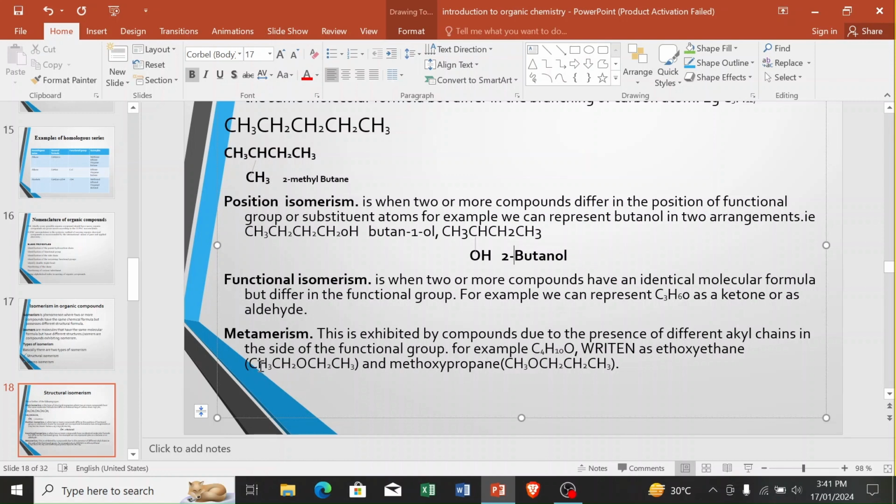The smaller one becomes the prefix, and the one which is longer becomes the parent name.